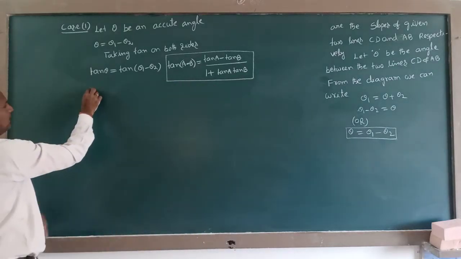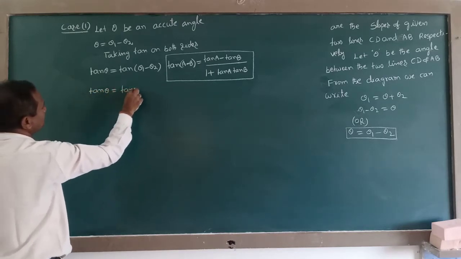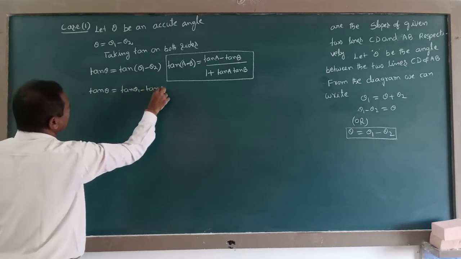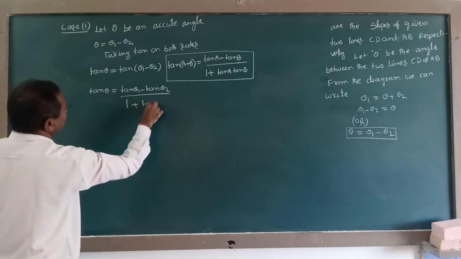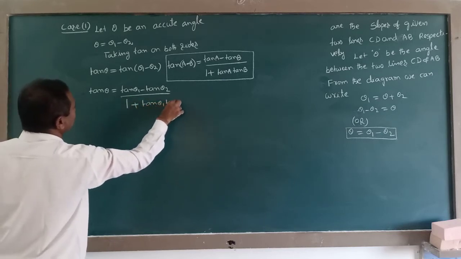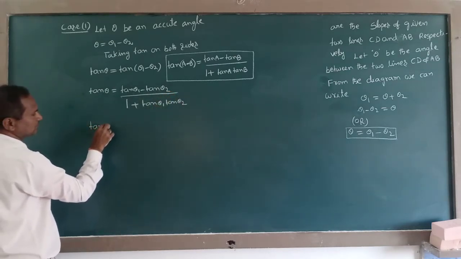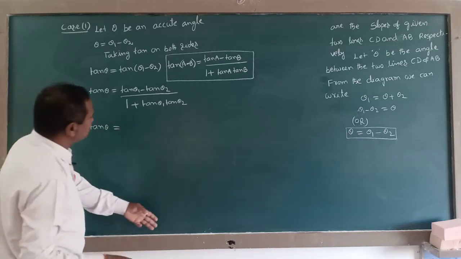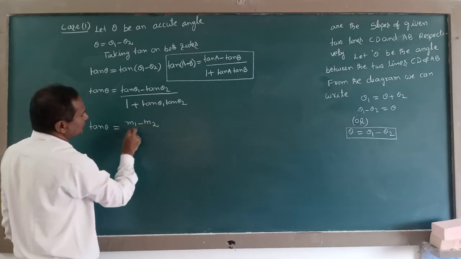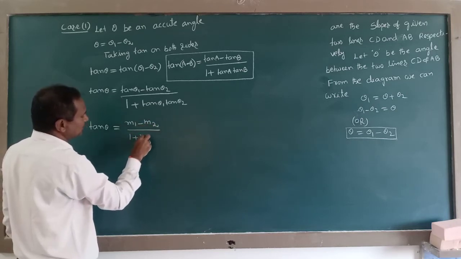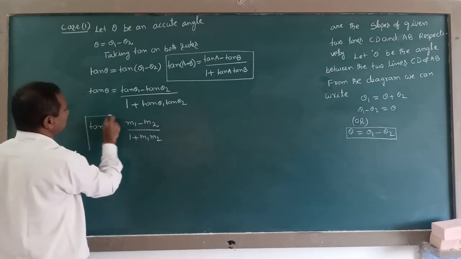It is tan theta is equal to tan theta 1 minus tan theta 2 whole divided by 1 plus tan theta 1 into tan theta 2. Tan theta is equal to, considering tan theta 1 as m1 and tan theta 2 as m2, m1 minus m2 whole divided by 1 plus m1 into m2. It is equation number 1.